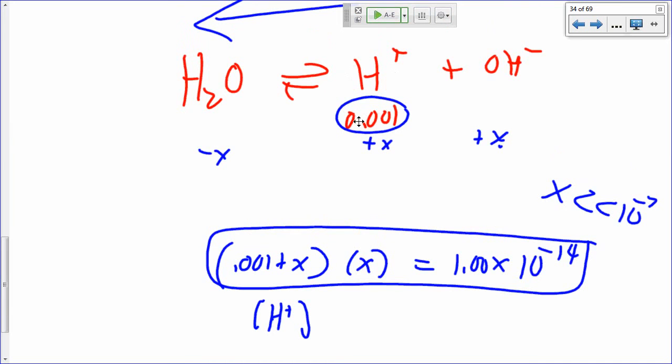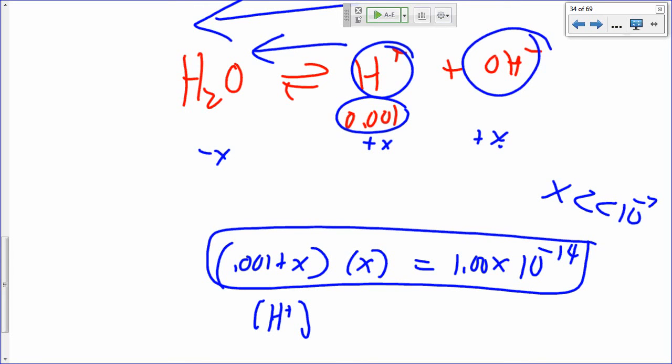If you add acid, you're suppressing your reaction. Le Chatelier's principle, you're shifting your autoionization to the left. If you add more base, you're adding more product, so you're shifting your autoionization to the left. So you can pretty much ignore it. If you're getting a concentration of H plus or hydroxide that's greater than 10 to the negative 6, you can pretty much ignore the contribution from the autoionization of water. Okay?